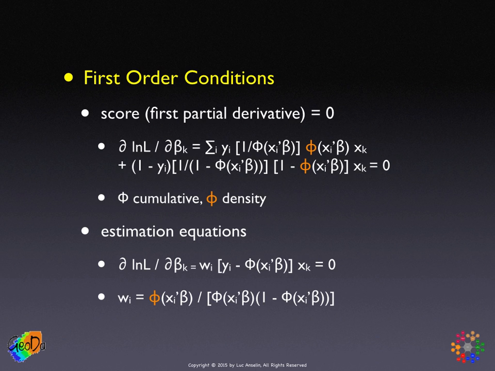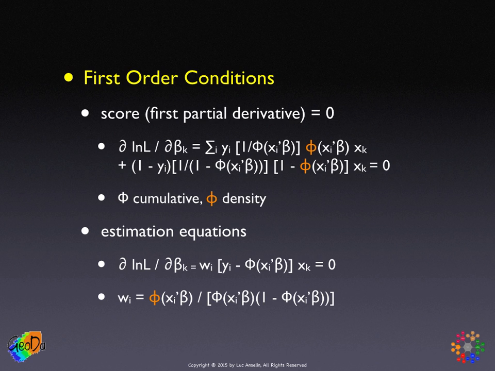And this is, as I said, similar to an orthogonality condition, where the product of the residual and the explanatory variables has to be zero. We saw that in our discussion of GMM estimation in the linear regression model. The estimating equations there were also of this form. There was the residual and then the x.